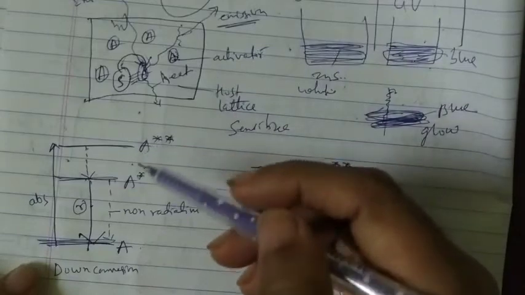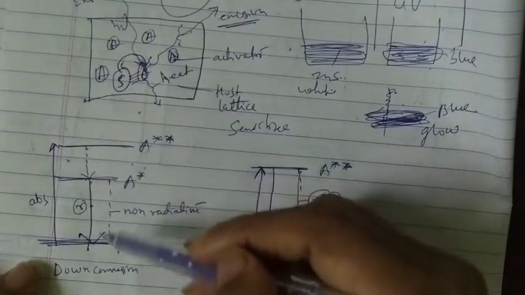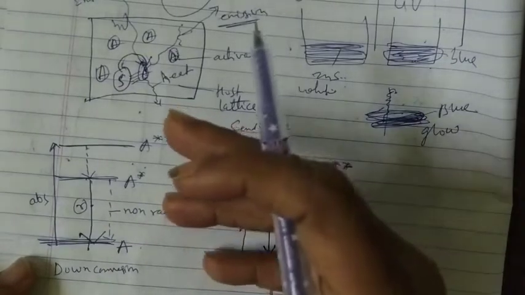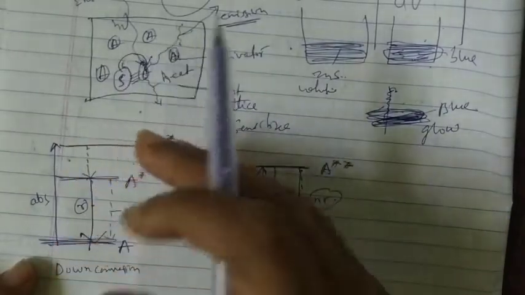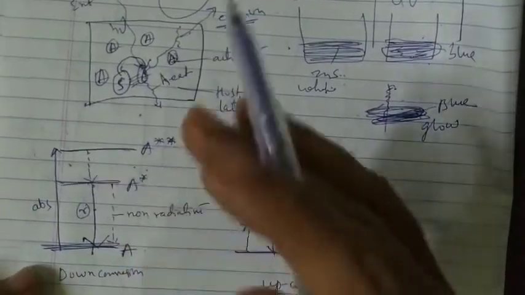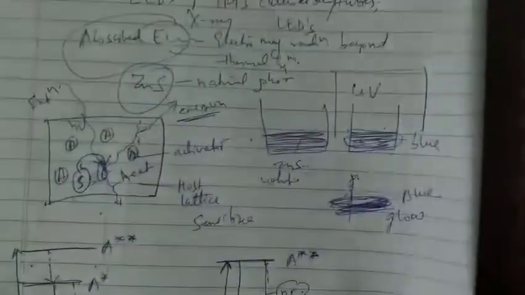And the energy difference between the two levels, this is how the energy difference can be obtained. So this is how we can see the wavelength: whatever wavelength we get corresponds to the energy difference between the two levels. So this is how the activators work.